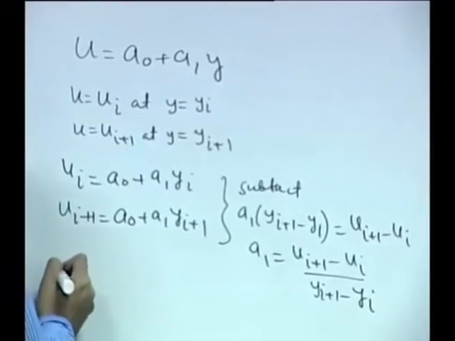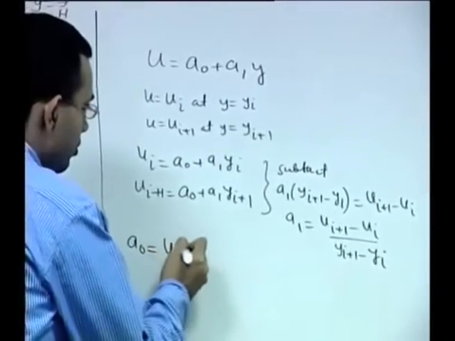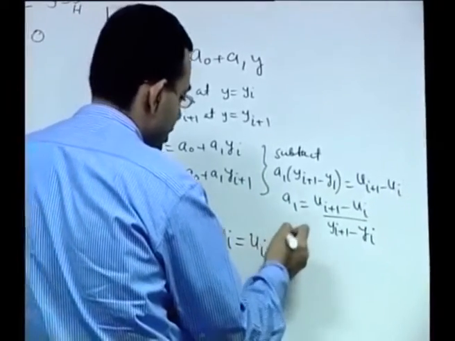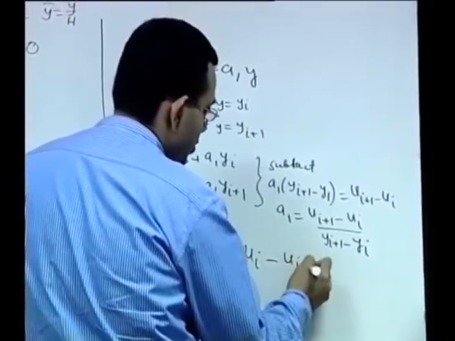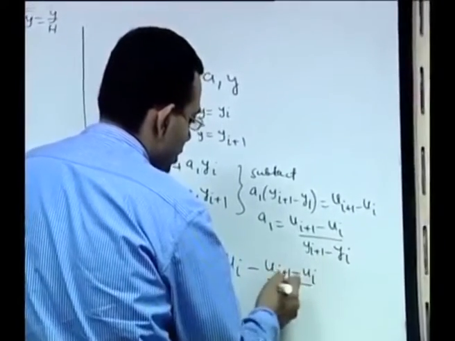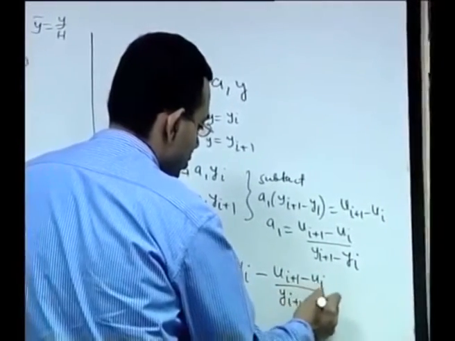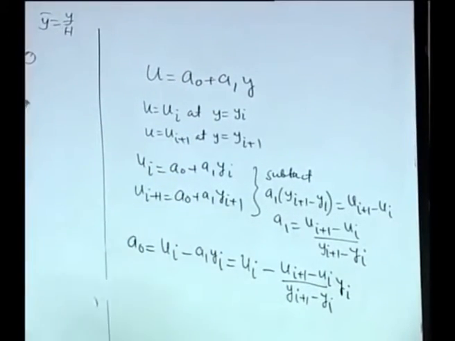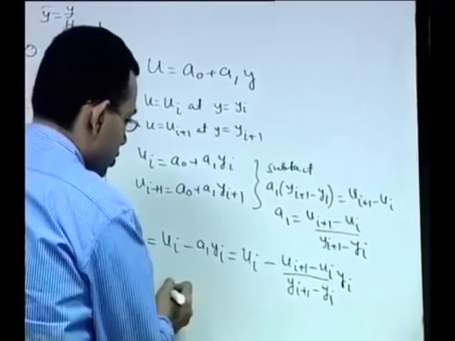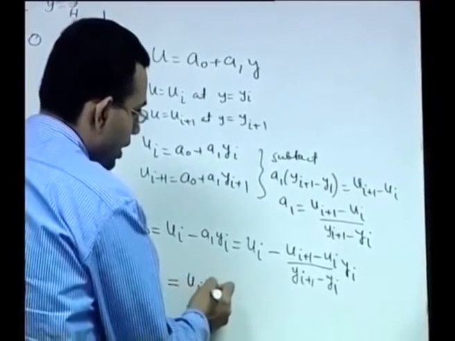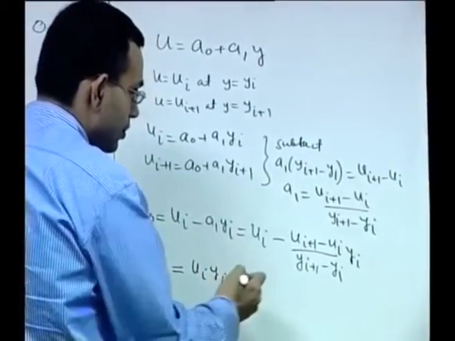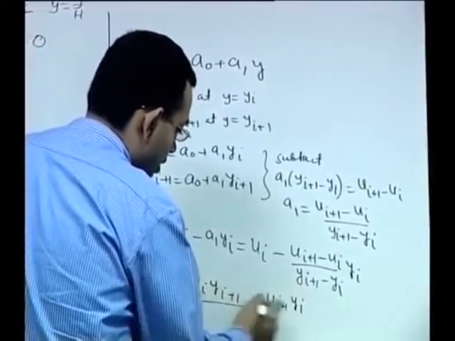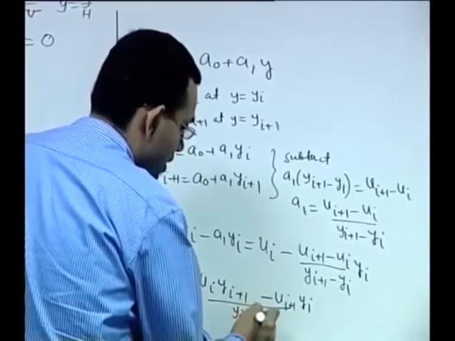We can find a0 as u_i minus a1 y_i, so u_i minus (u_{i+1} minus u_i) by (y_{i+1} minus y_i) into y_i. So it is (u_i y_{i+1} minus u_{i+1} y_i) by (y_{i+1} minus y_i).